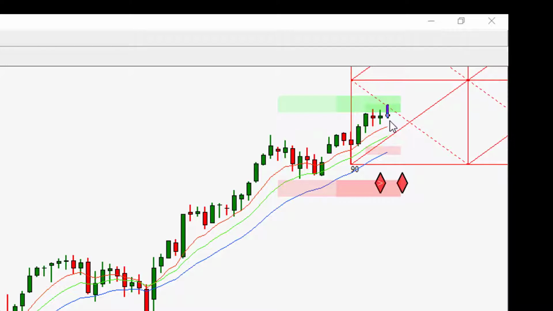Another thing I want to point out is also that it is in a weekly overbought zone. And so the probability is very high that now that it is in this zone, and it is also at time and price square resistance, as you can see that it is hitting this descending line here within this current 90-degree square.